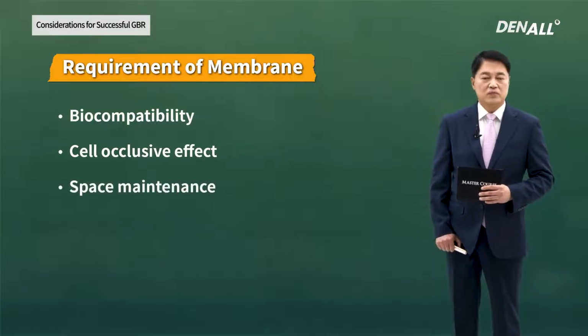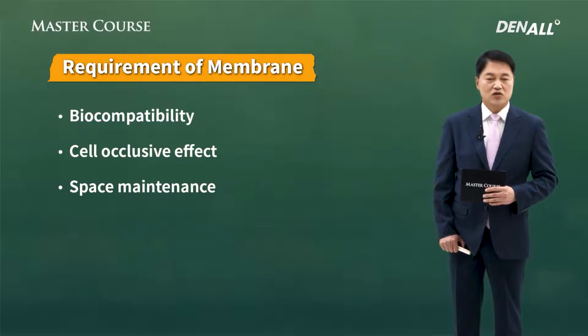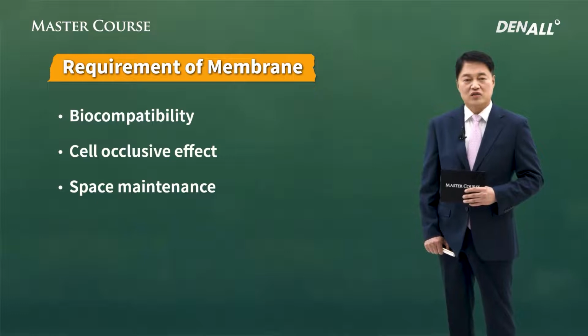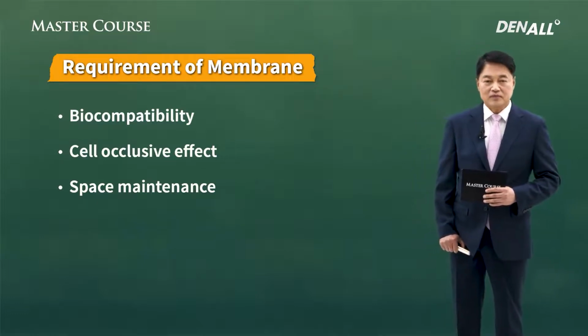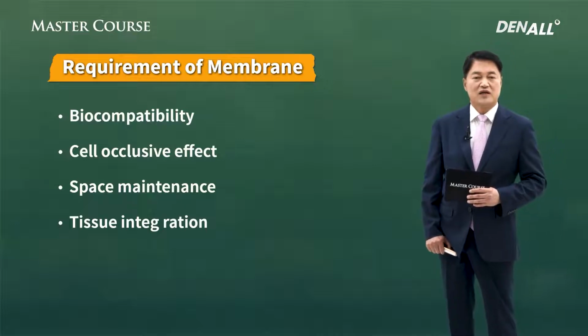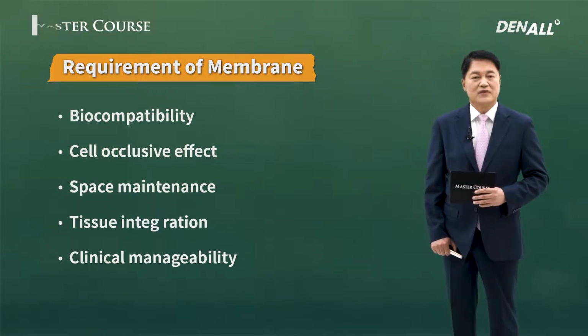Additionally, it needs to create and maintain space. It needs to secure space for bone regeneration. These traits are necessary. Tissue integration. It needs to integrate with adjacent tissue and stabilize the wound, and it should be easy to manage.